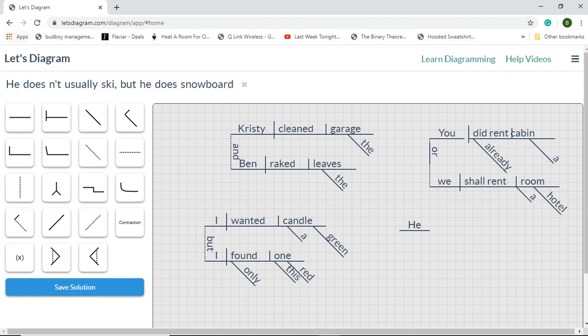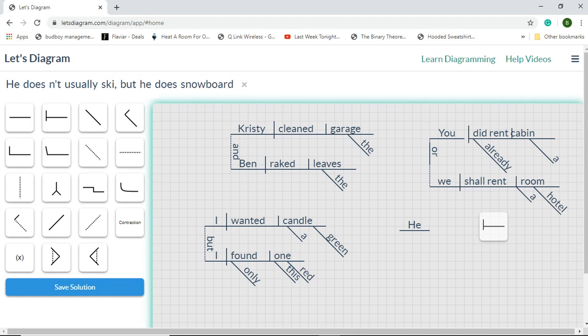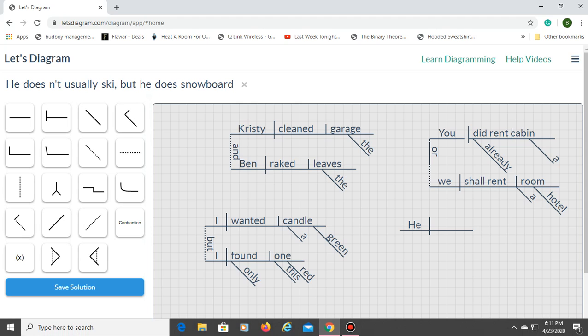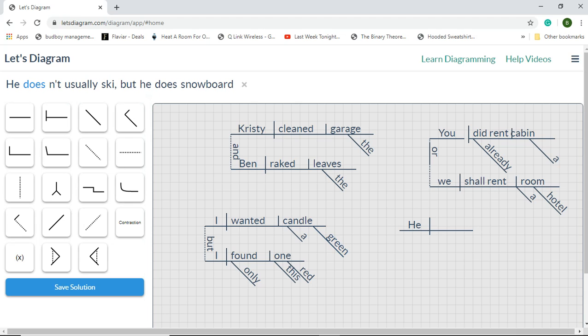So remember that we're looking at this. Does goes here, and remember the n't stands for not. So it's he does not. So we take that, and that, my friends, is an adjective modifying does. Does not.